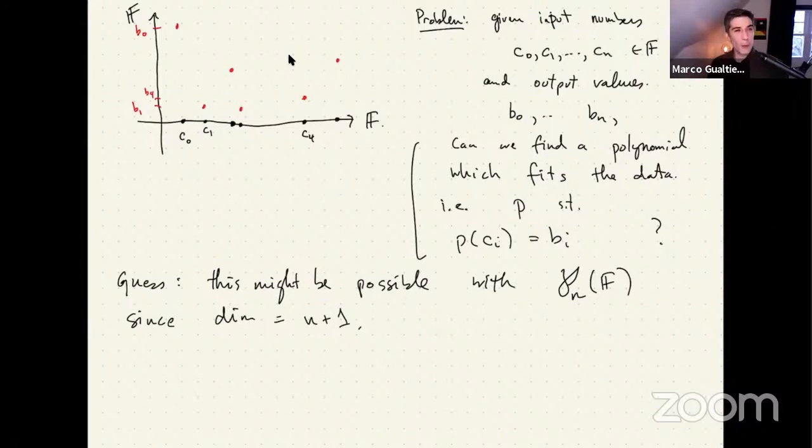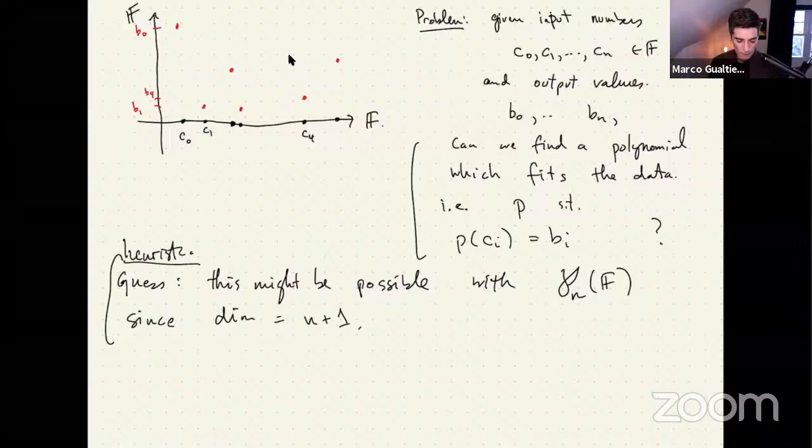There's enough degrees of freedom that I might be able to hit all these different values at these points. Okay, this is the heuristic. And it is true that we will be able to find a solution to these constraints in this finite dimensional vector space of polynomials of degree at most n.